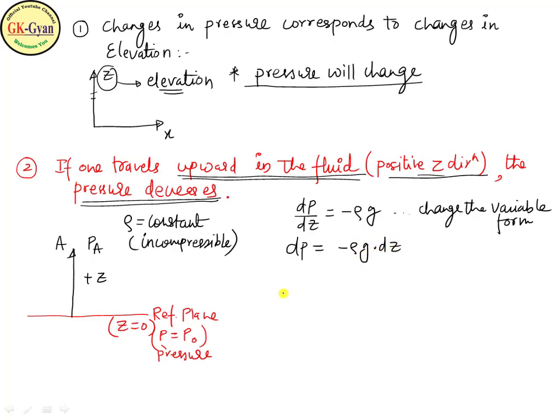Now integrate on both sides. Integrate dP, and minus rho g integrate dz. Here rho is constant and g is also constant, that is acceleration due to gravity. Now put the limits on integration.